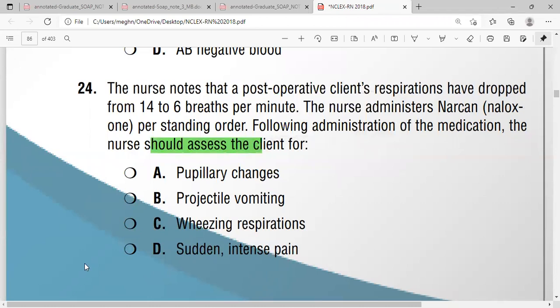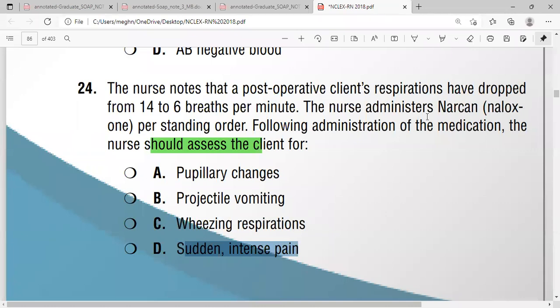So now basically what we could do, number D, right? We have to assess for sudden and intense pain.